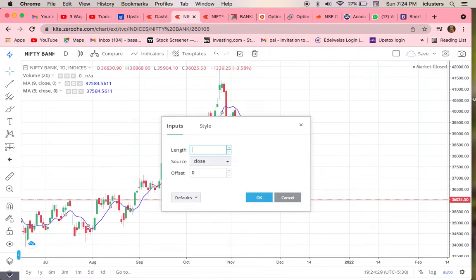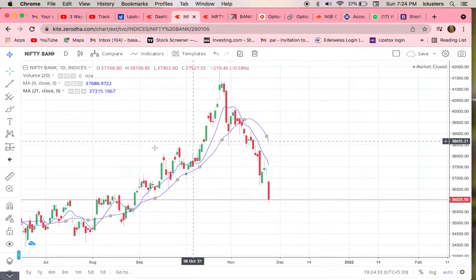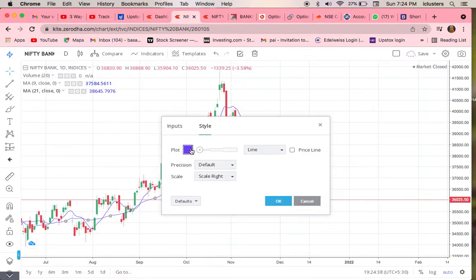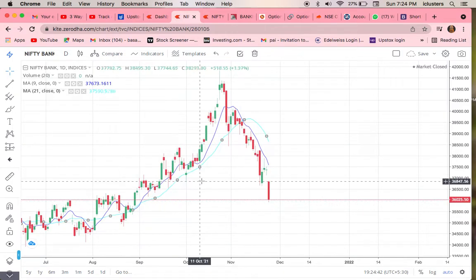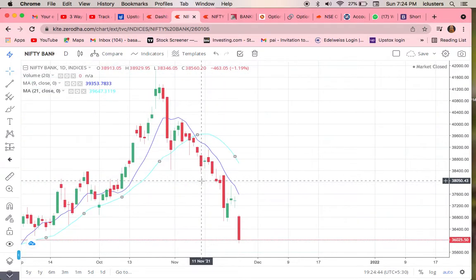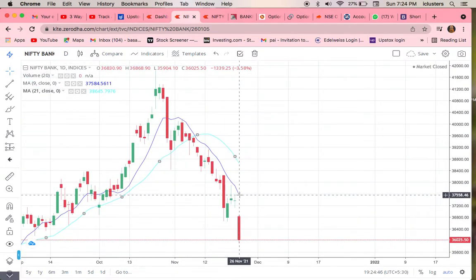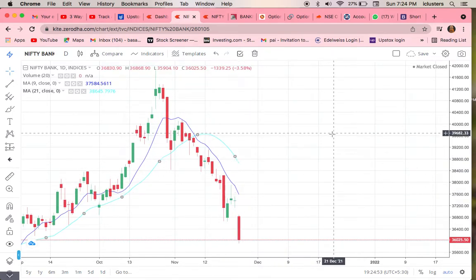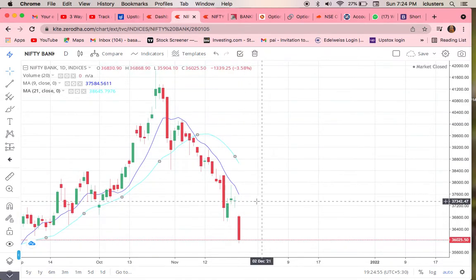I will tell you how to see the future moving average also. I have to change the setting here. See, once the candle has closed here exactly and the moving average has ended here itself, but we want to see the moving average price in the future.